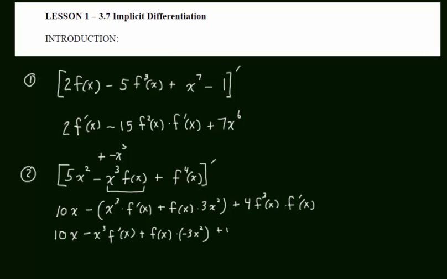Then I continue on, 4 stuff cubed times the derivative of the stuff. And you see it's the same, the only difference is I didn't have to distribute in the second way because it was already done for me.